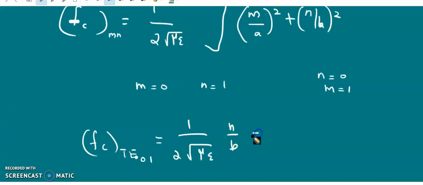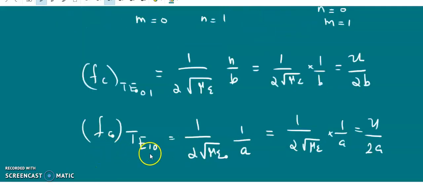But n is 1, and therefore we have 1 over 2 root με into 1 by b. 1 over root με is the u, and this is u divided by 2b.